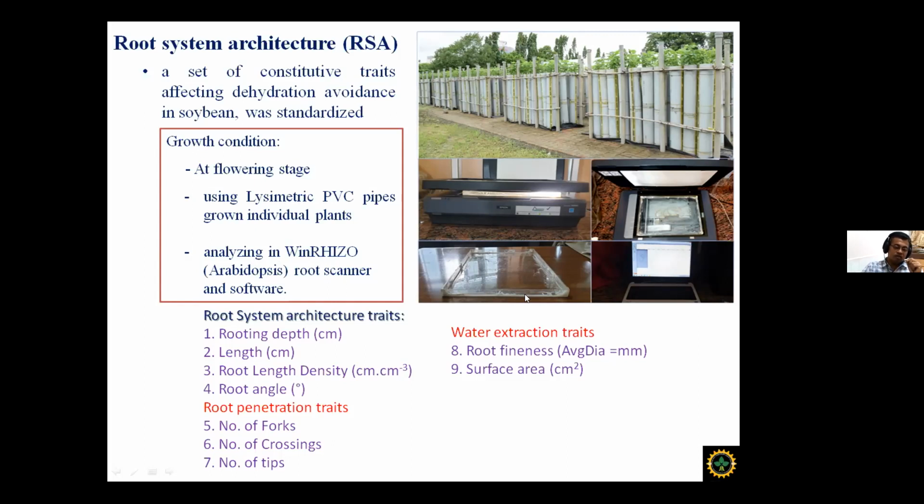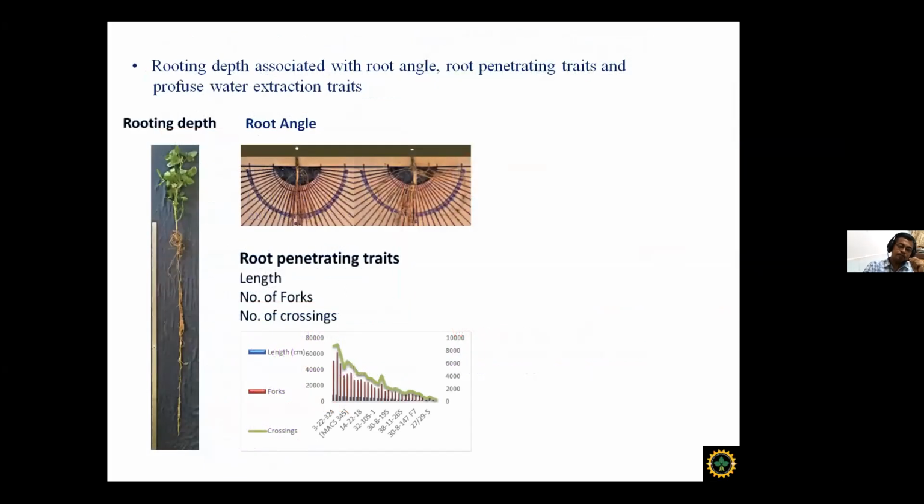So this very system has the advantage of assessing almost 7 traits you can expect for the roots, and as you can see here, the rooting depth, length, root length density, root angle, and root penetrating traits like number of forks, number of crossings, number of tips, and similarly water extraction traits like root fineness and root surface area can be harnessed.